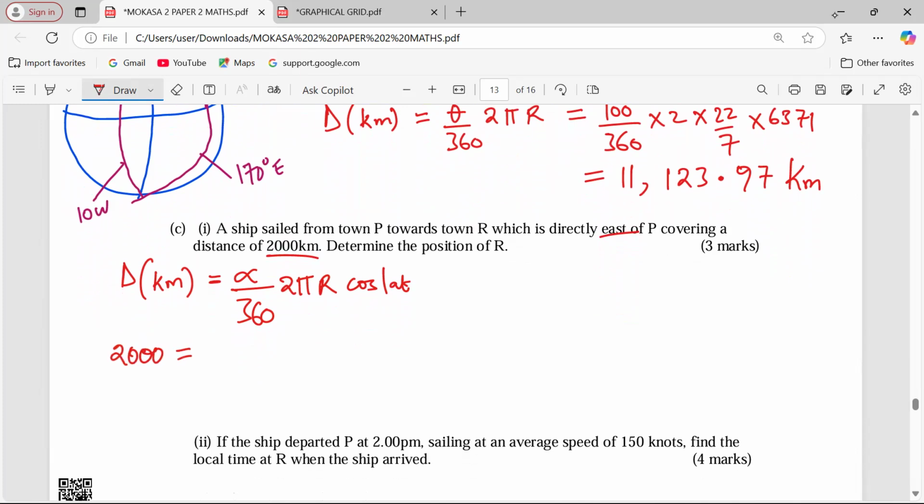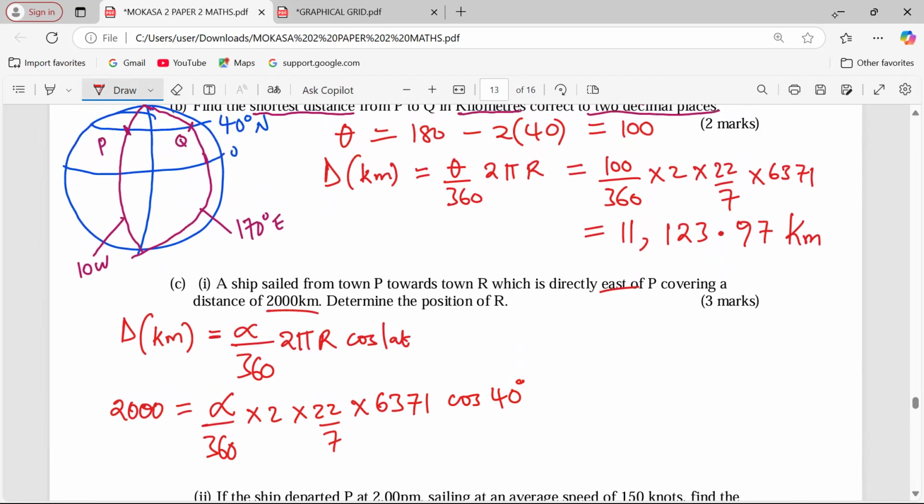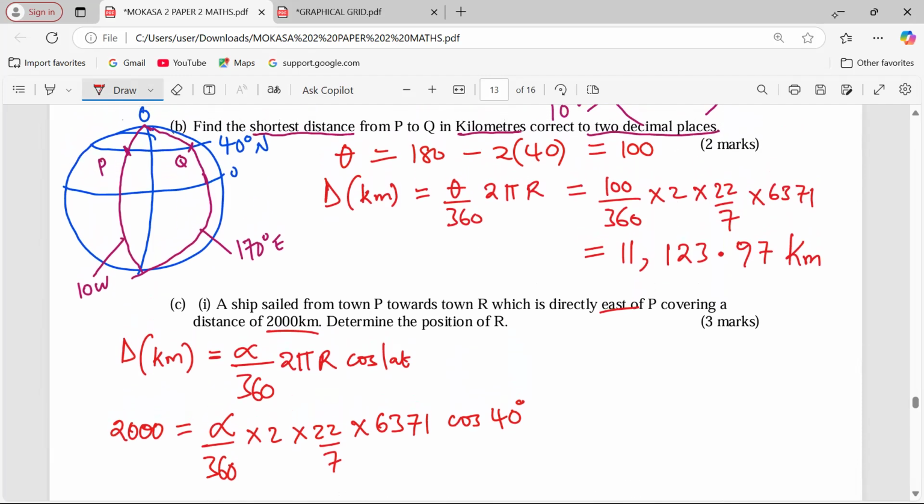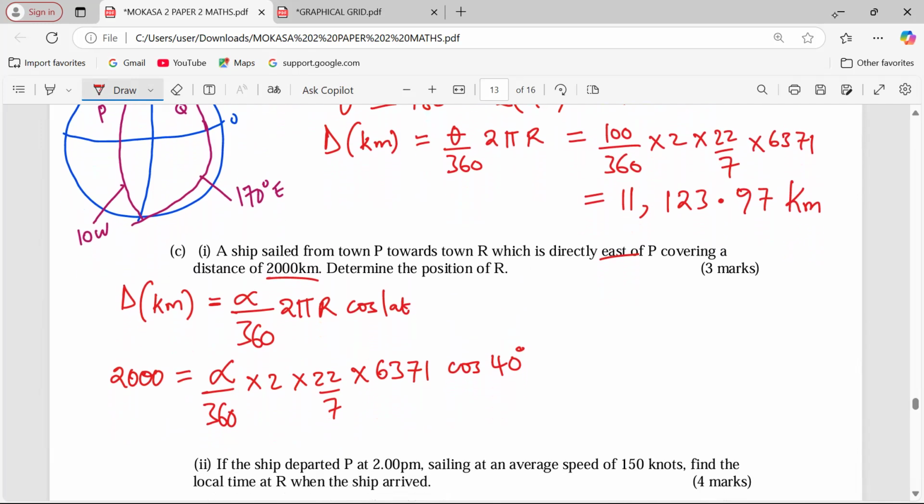Therefore, the distance, which is already known, 2,000, is equal to a known longitude difference over 360 multiplied by 2 multiplied by 22 over 7, that is pi, multiplied by 6371 cosine of latitude 40. Because we are already at P, which is 40 degrees in the north, and we are moving towards the east, we are moving along 40 degrees north.